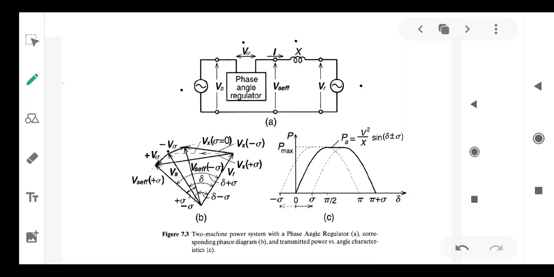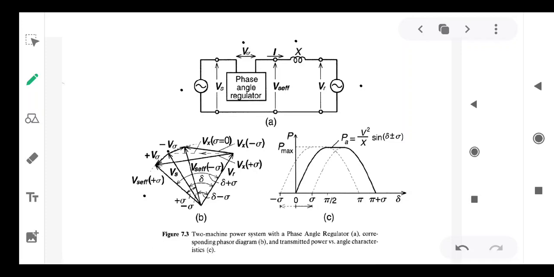So this is the Vs. Vs can be controlled, plus or minus V sigma can be provided, such that you will get the Vs effective, which is the summation of both Vs plus V sigma.